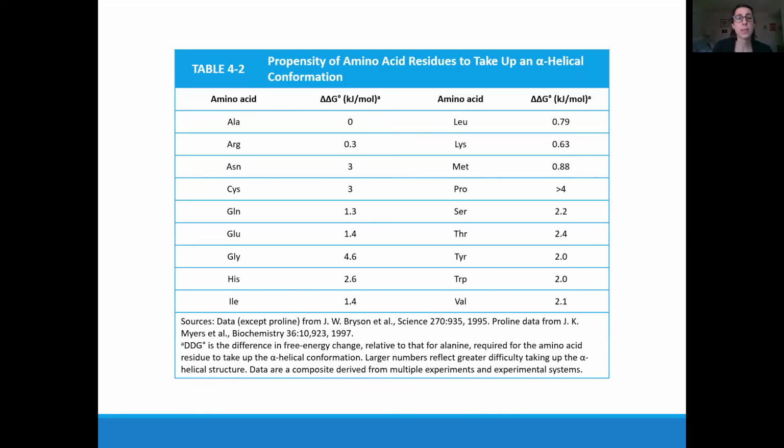So here's actually a chart that shows the propensity of an amino acid to take up the helical conformation. Here, the higher the number, the less likely, that means the more energy it would take to stabilize an alpha helix conformation. So it's less likely the higher the number. Here we're showing the example of proline, as stated, its energy just states greater than 4 because it's so high. Proline will not be stabilized in an alpha helix, it will break it. Even other things like cysteine have a pretty high number.